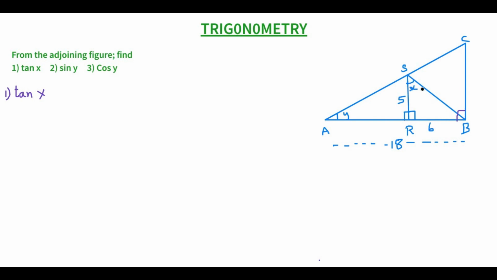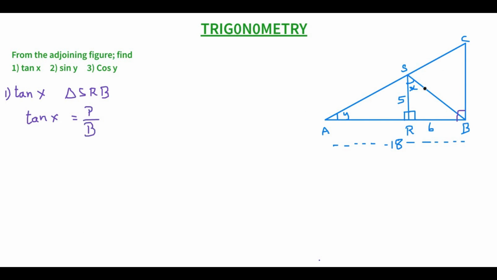So let's take this triangle, that is SRB, which is right angled at R. And what is the value of tan in this triangle? We know RS is 5 and RB is 6. So we know how to write tan. Tan x equals, right, perpendicular by base.